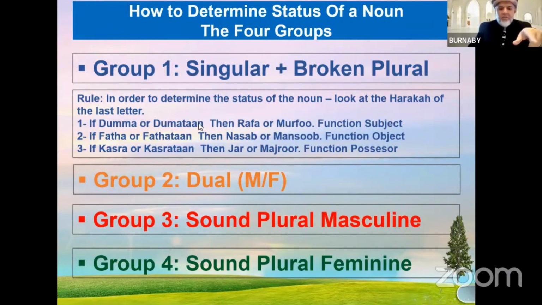If Dhamma or Dhammatan, then it will be known as Rafa or Marfu, and the function of the noun will be subject. If Fatha or Fathatan, then Nasab or Mansub, the function is object. If Kasra or Kasratan, then Jar or Majroor, the function is possessive.